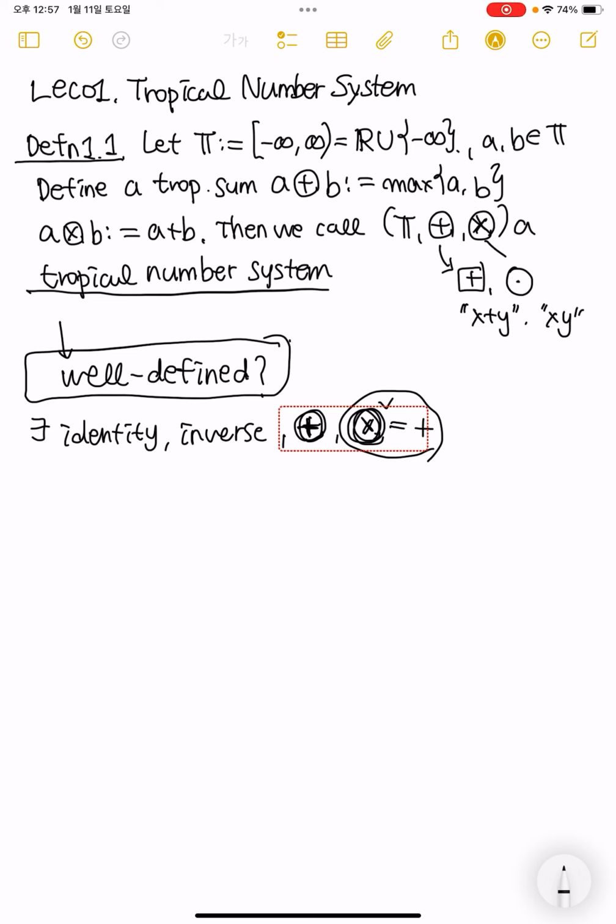Other properties to check are the commutative law, associativity, the distribution law, and so on, to verify that the system works.